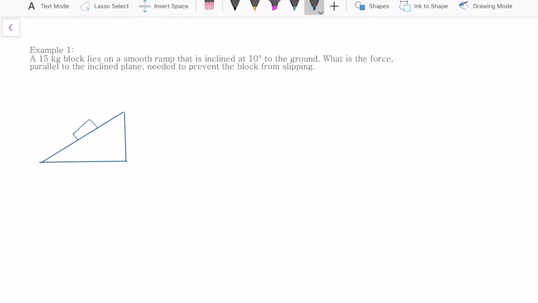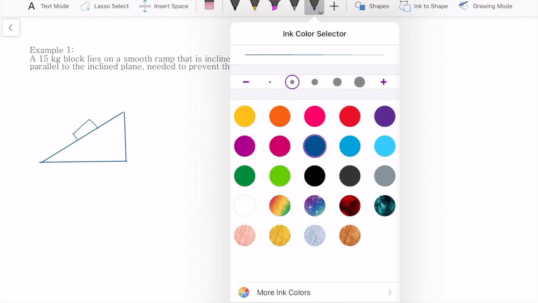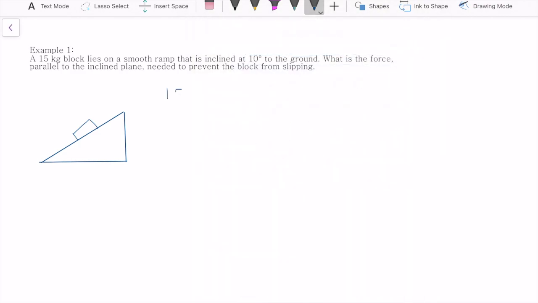And we'll draw a triangle to represent the forces. So it says there's a 15 kg block, so the force would be 15 times 9.8, which is the force of gravity, and this is in kg. So the force overall would be 147 newtons.